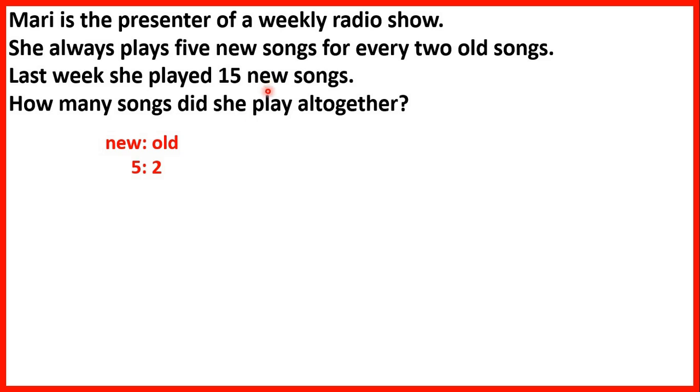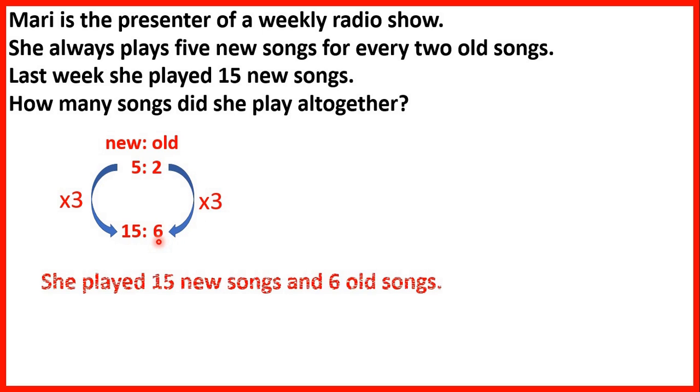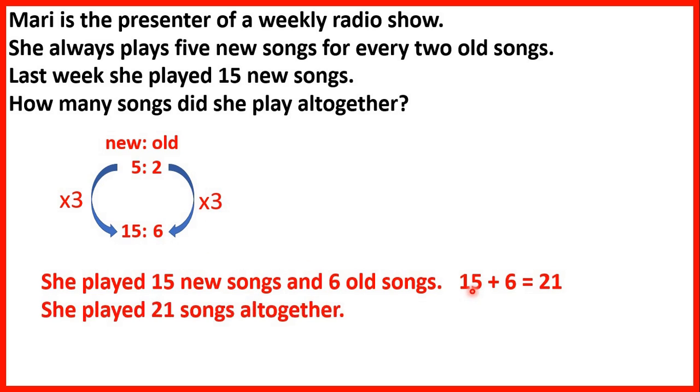And we know that she played 15 new songs last week. Now 5 times 3 is 15, and 2 times 3 is 6. So she played 15 new songs and 6 old songs, which means that she played 21 songs altogether.